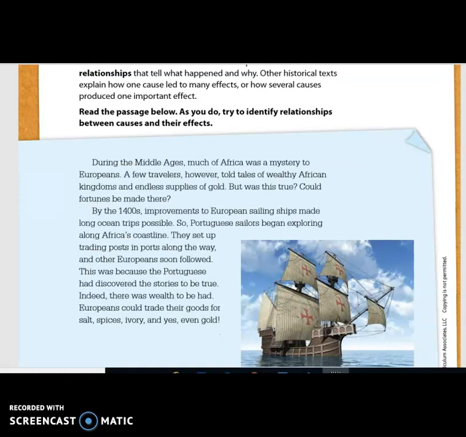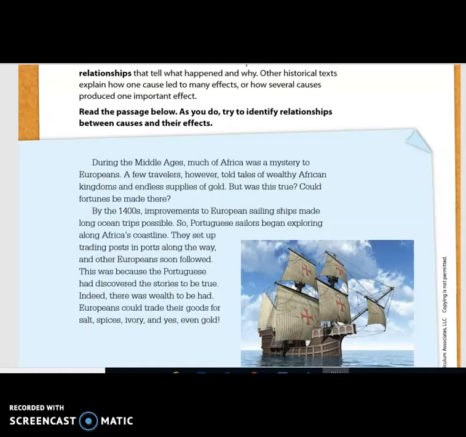So now let's talk about the causes that led Europeans to travel to Africa. I'll give you a few seconds of think time to think about that. Okay, so looking at the text, we want to see what was the cause that led Europeans to travel to Africa. When I look at the text, I see that it says, during the Middle Ages, much of Africa was a mystery to Europeans.